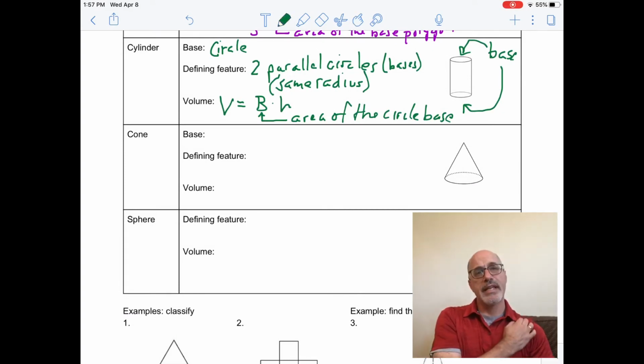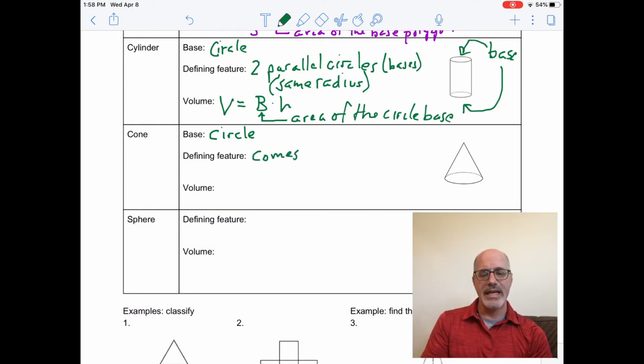Now, the cone is very similar. On the cone, the base is also going to be a circle. But the defining feature, just like the pyramid, instead of having two circles on the top and the bottom for bases like the cylinder, is that the sides come together to a point, like it did on the pyramid.